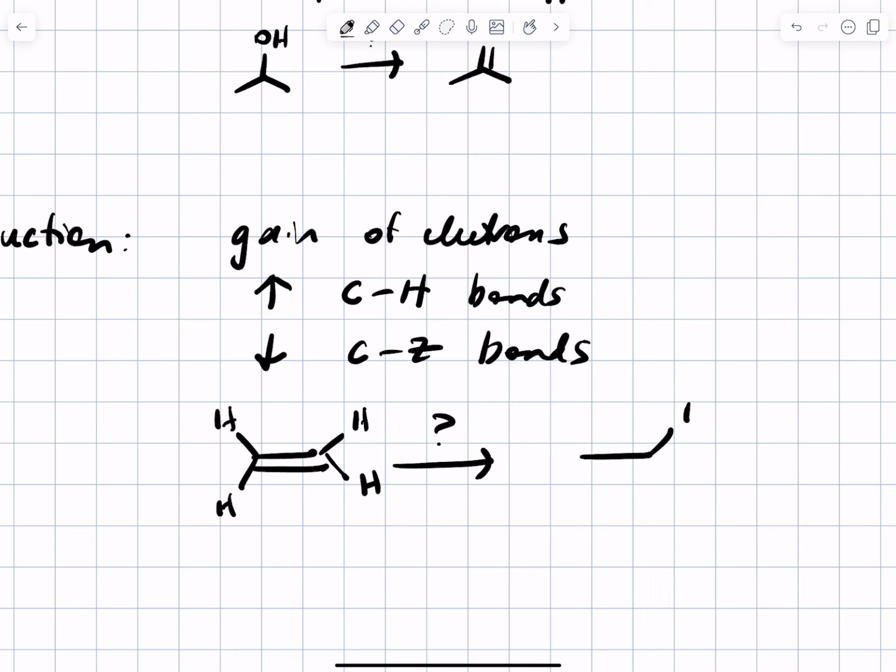It may be worth your time occasionally, when considering reduction reactions, to fill in the hydrogens that are usually not shown but are implied. This is C2H4, this is C2H6. You can see that we're basically adding hydrogen. This reaction is called a hydrogenation reaction, and it involves a gain of carbon-hydrogen bonds.